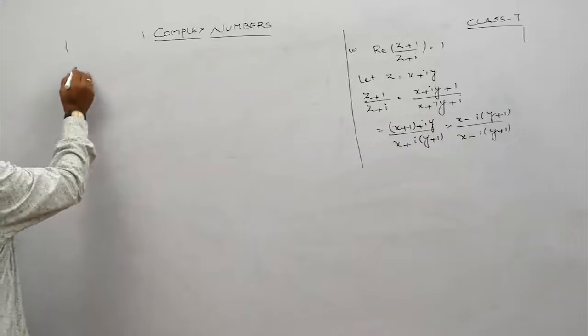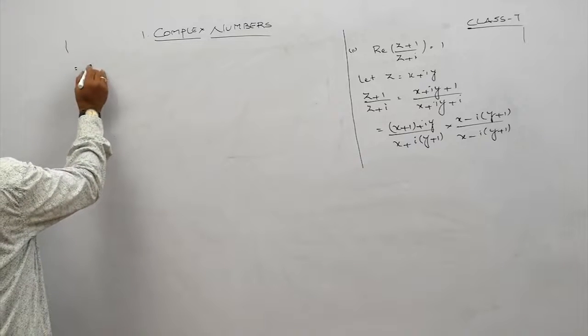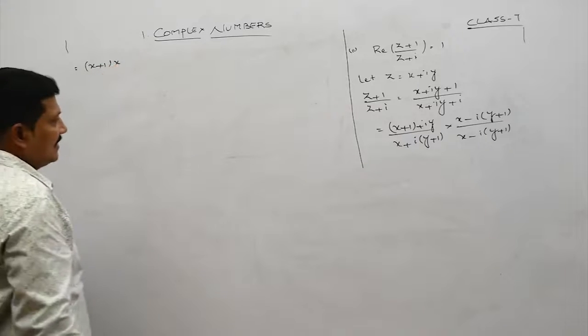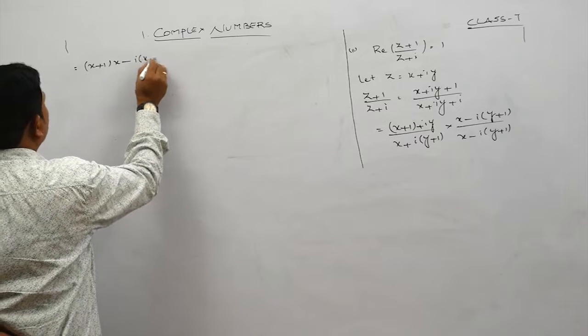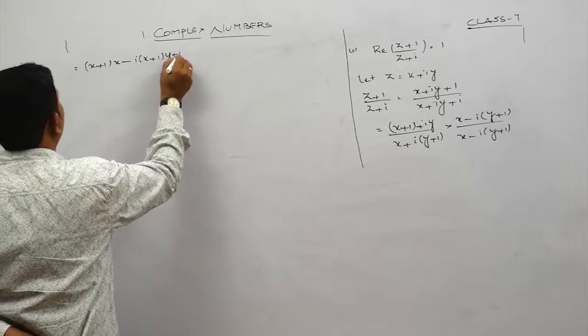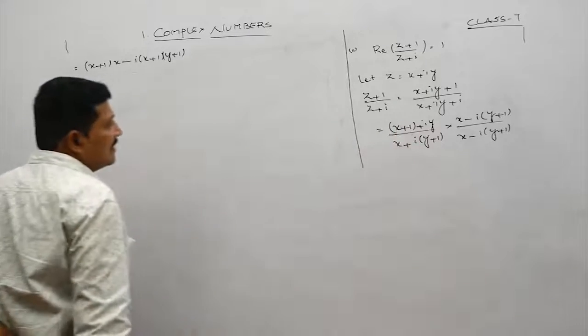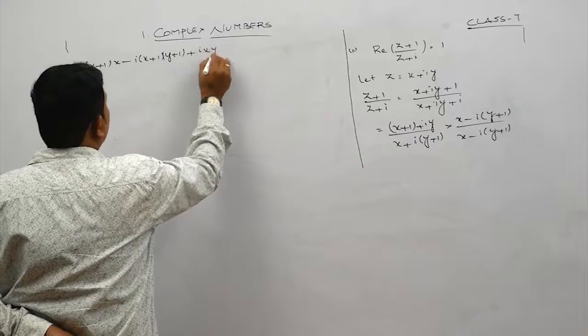Multiplying carefully, first x into (x plus 1), (x plus 1) into x. Next, minus i into (x plus 1) into (y plus 1). So we multiplied both terms by (x plus 1). Next, iy into x, so i into xy.